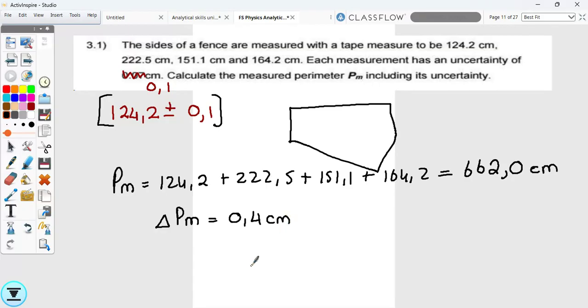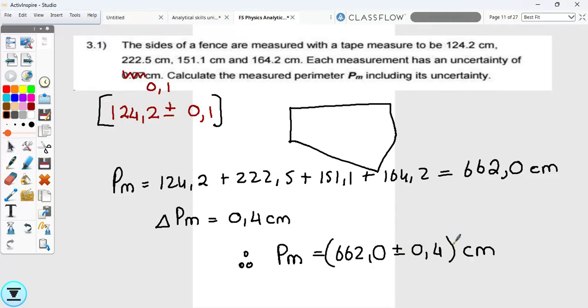You always have to say, therefore, my actual perimeter, and now you're going to give it with a value and the uncertainty. So my actual perimeter is 662,0 plus or minus 0,4, and all of that is measured in centimeters. Please remember that you don't have to put the brackets, but it just makes it neat and you can see what the centimeters applies to.